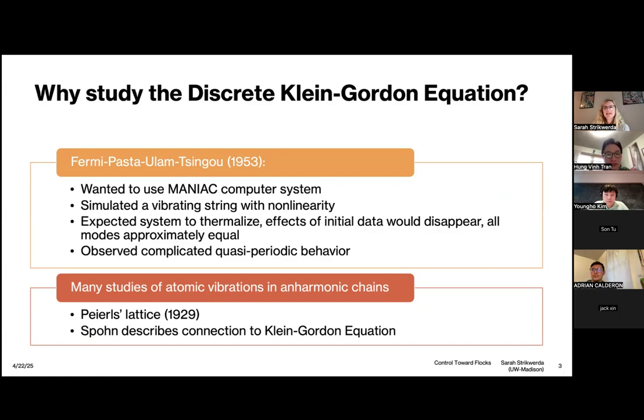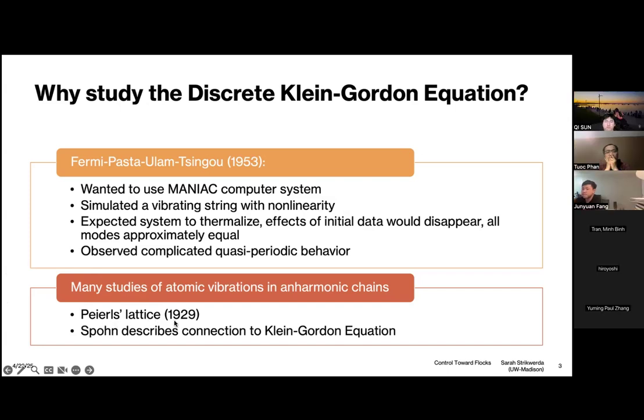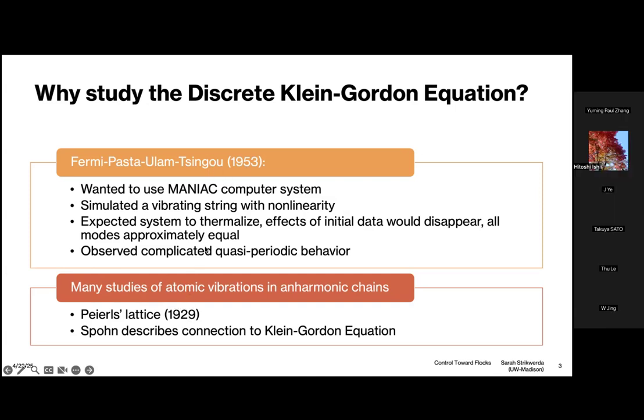So this began a study of people trying to understand what was going on with these different vibrations, and trying to understand these atomic vibrations better. And so there were many studies. One of them looks at Peierls' lattice, which is actually from 1929, so before this, but there's a relation there.